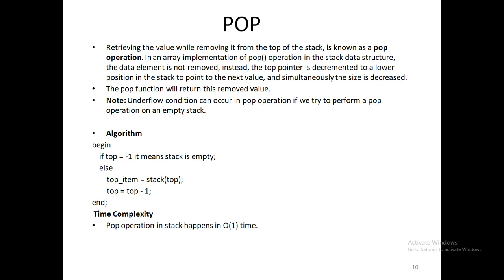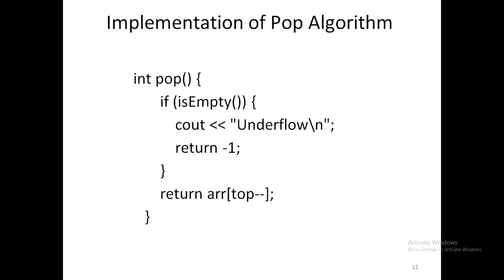If we reduce the top first, we would get the element at the second position after the top. So we need the top as the last element in the stack, which is why we access the element and then reduce the top. The pop operation also takes O(1) time.